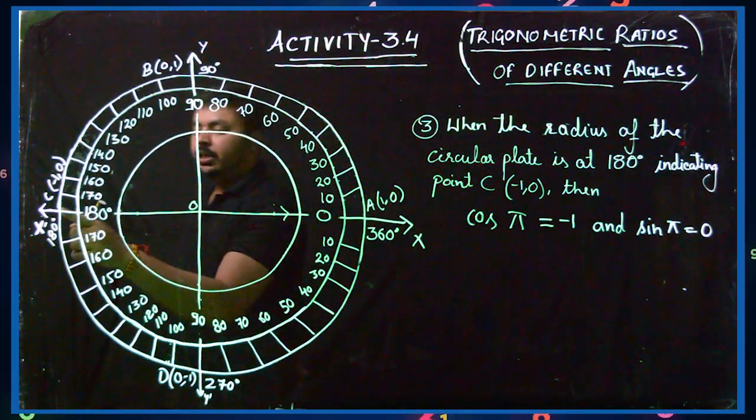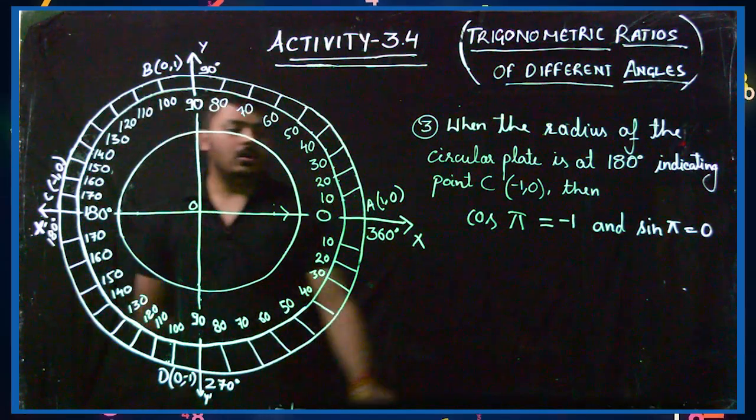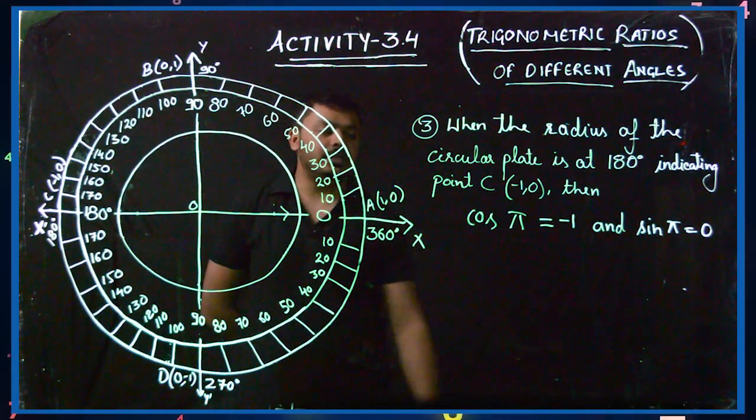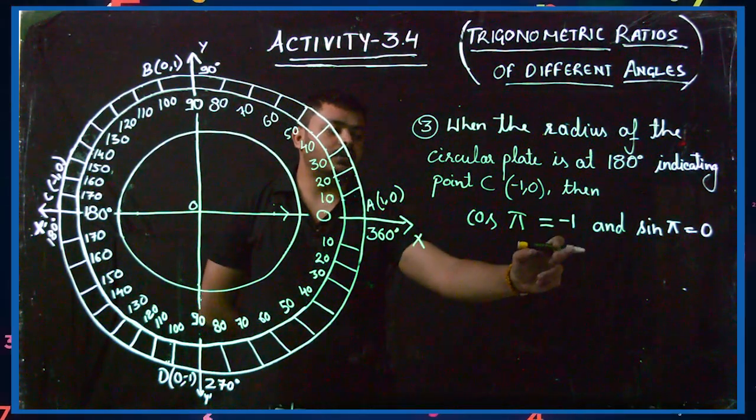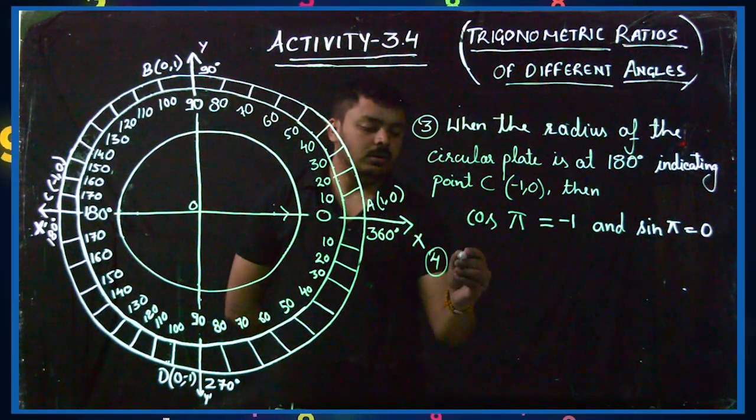So at point C, that is at 180 degree, cos pi is equal to -1 and sin pi is 0.